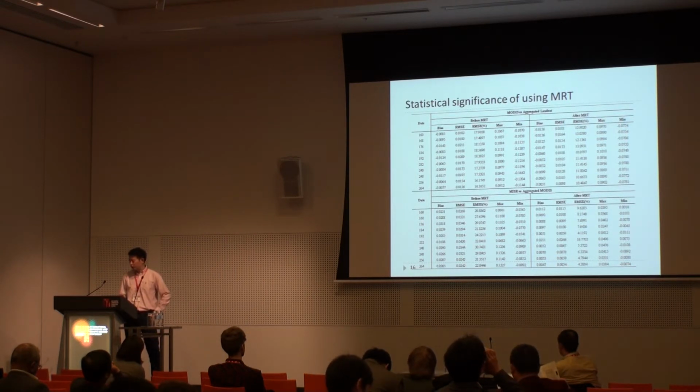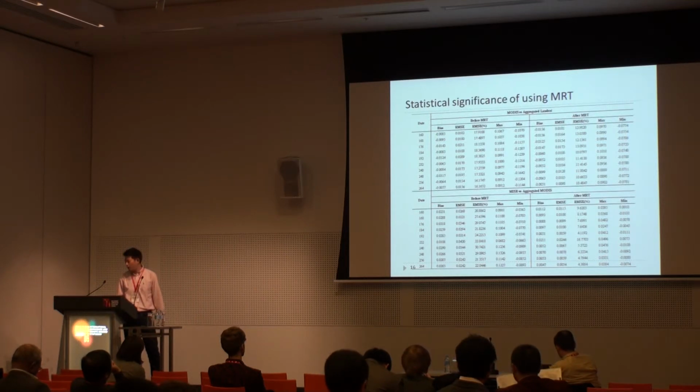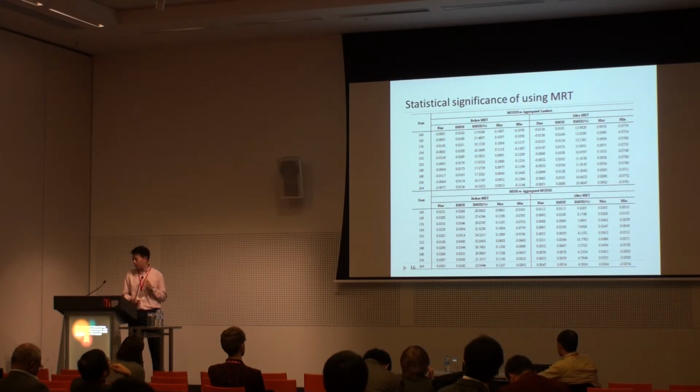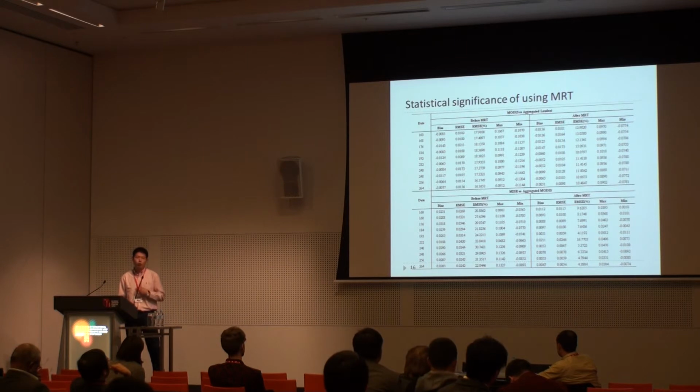But after MRT, the relative RMSE reduced to within 13%. More importantly, in the aggregated MODIS and MISR comparison, we can see that generally MISR has a lot of outliers, and after the data fusion, they become more consistent. Most of them are within 10%.